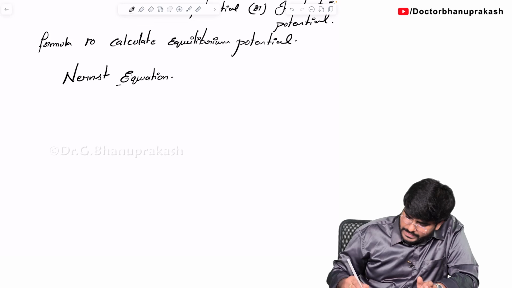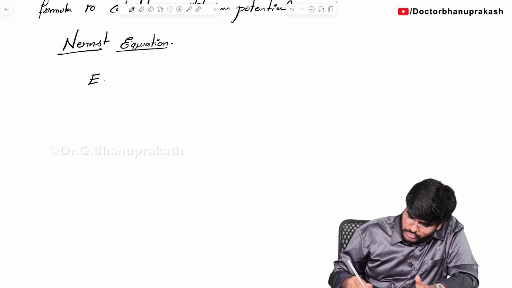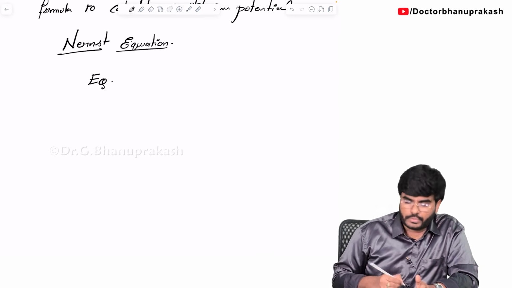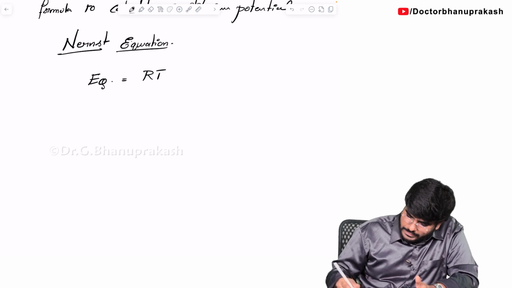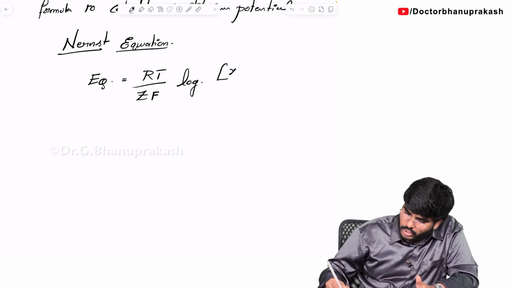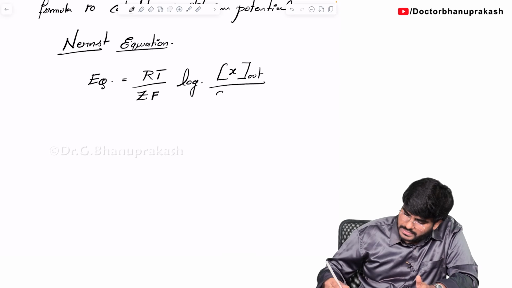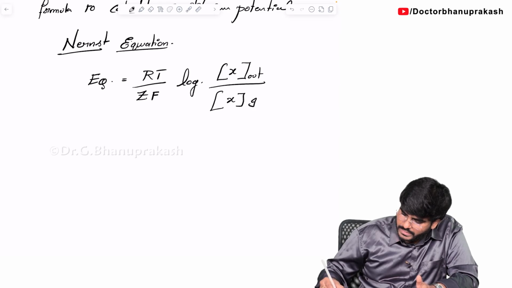So what exactly is this Nernst equation telling you? The Nernst equation is used to calculate the equilibrium potential. E_X stands for equilibrium potential. The formula is RT/ZF times the natural logarithm of the concentration of the ion outside the cell divided by the concentration of the same ion inside the cell.